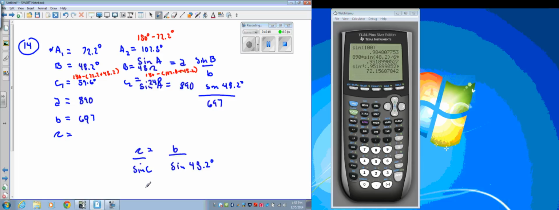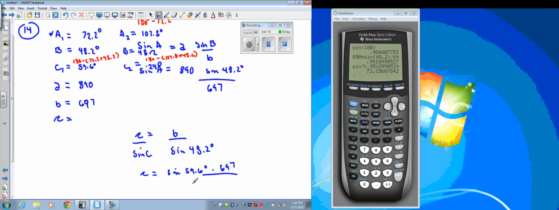So side C is going to equal sine of C, which is 59.6, times little b, which is 697, over the sine of B. And that's going to give you the side C.